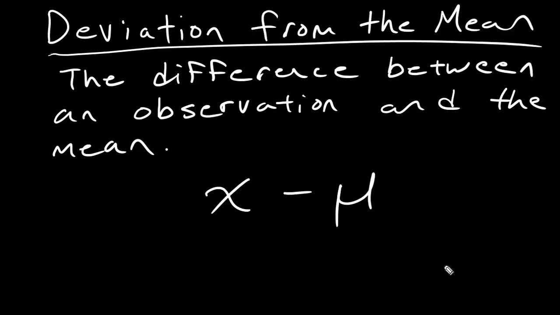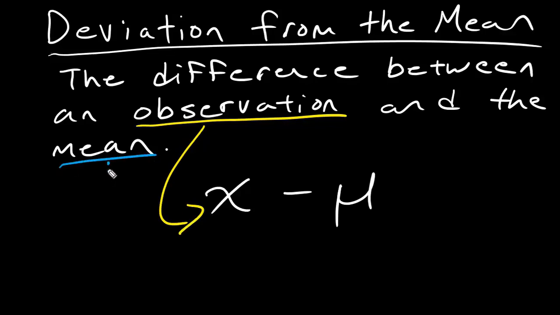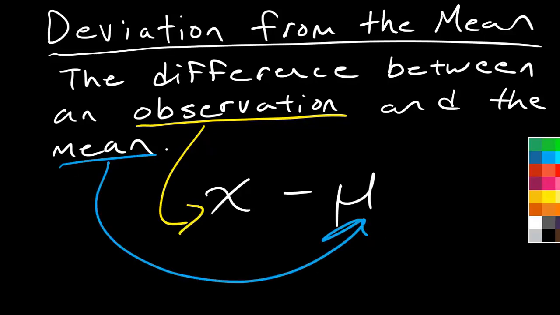So this would be expressing the population side of it, but x, so that is our observation, right? And then, of course, mu is our population mean. So our deviation from the mean, again, is simply that difference between our observations and the mean itself, right?